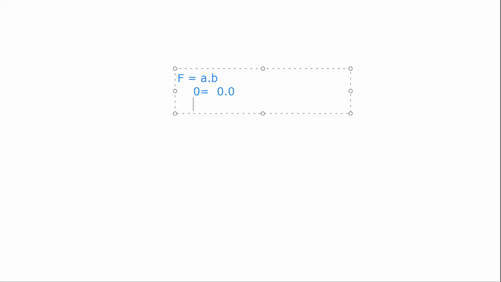But when A is 1 but B is 0, then again 0. But now A is 0, B is 1, again 0. When A is 1 and B is also 1, then the output is 1.